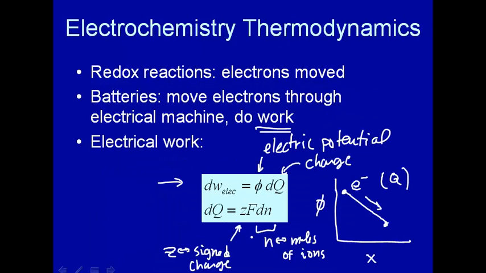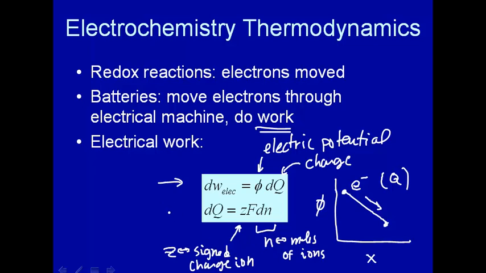And finally, if you multiply the signed charge on the ion by the number of moles of ions, that would give you the moles of charge, or moles of electrons actually, because if you have 2+, that means you've taken away 2 electrons. So the number of moles times the signed charge on each ion will give you the number of charges.